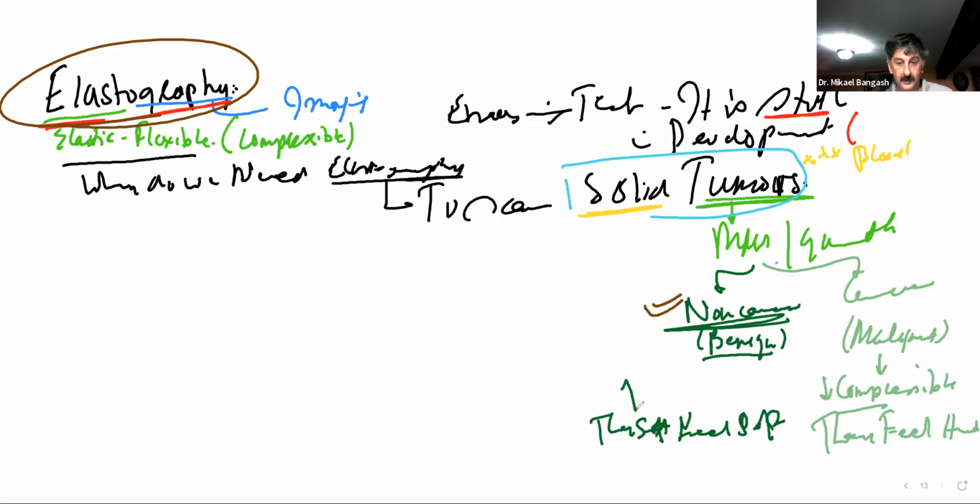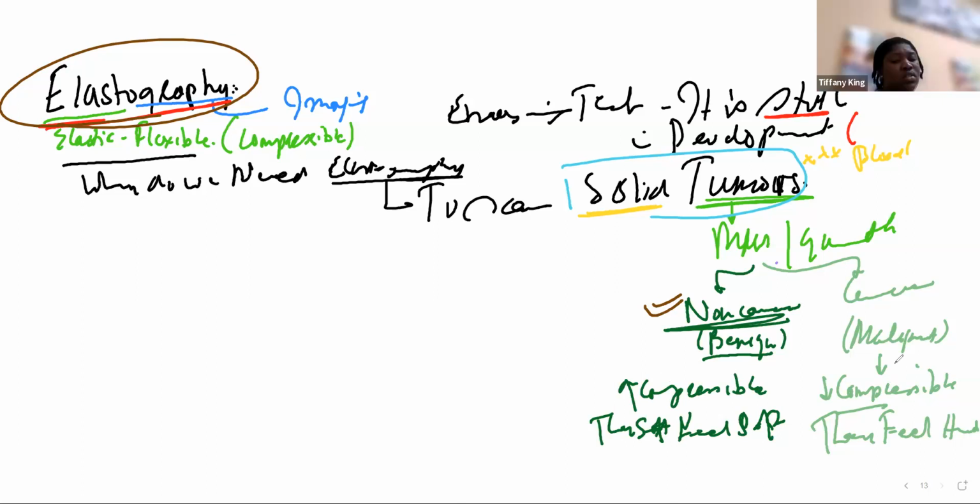Mainly because they are more compressible, more spongy, whereas a malignant tumor most likely is going to feel hard. Did you girls get that? Yes.